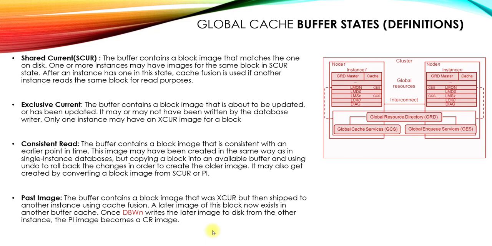Until the database writer has written that particular block to the disk, that block is a PI, that is, a past image. But as soon as this buffer has been written to the data file, it becomes a CR image, the consistent read.